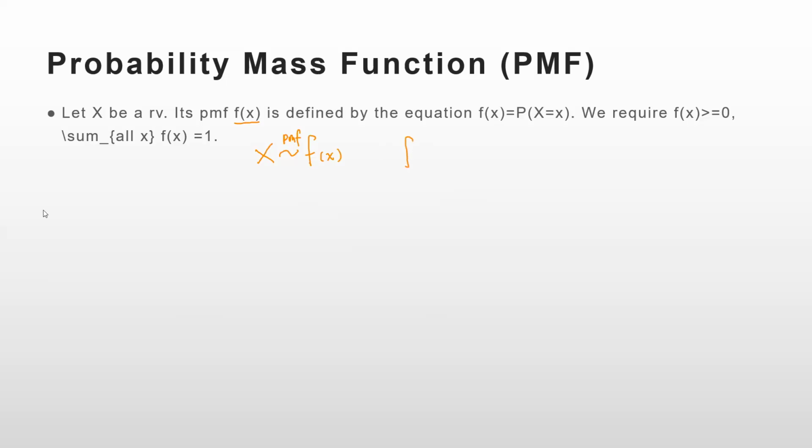Then the meaning of little f of x is just the probability that capital X takes value little x. In probability, we usually distinguish capital X and little x clearly. So this is the random variable, and this is a value that the random variable can take. All right, so they have different meanings.